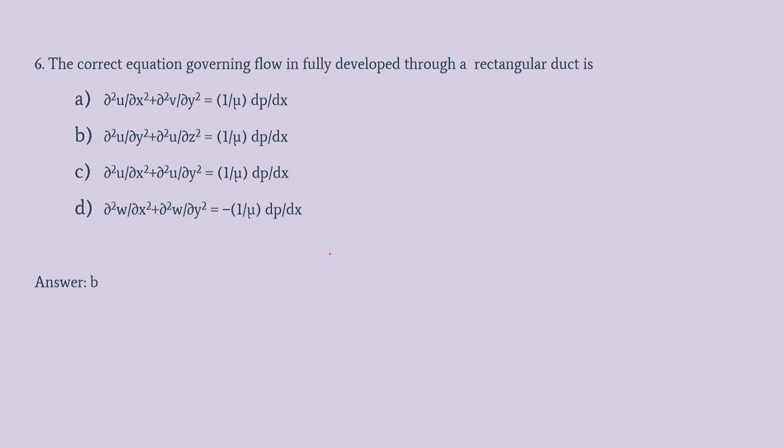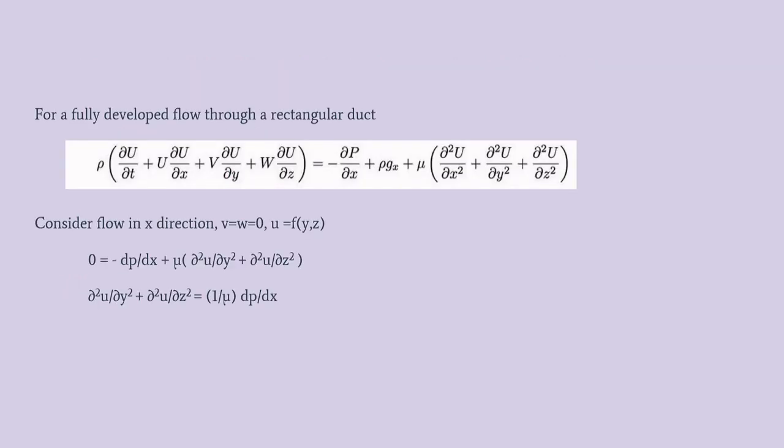Next one: the correct equation governing fully developed flow through a rectangular duct. This has also been discussed in the first week's video. The question was to find the equation for a fully developed flow in a rectangular duct.